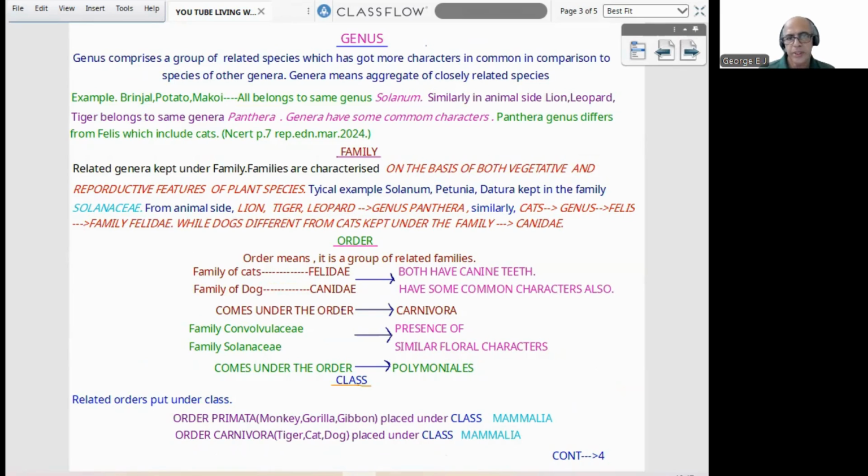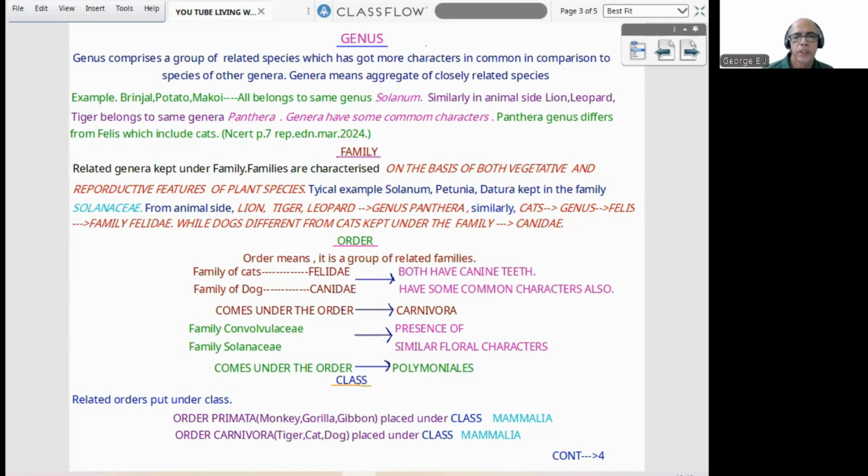Under genus, some examples are given: genus Panthera differs from Felis, which includes cats. Then family: the next group, related genera kept under family on the basis of both vegetative and reproductive features of plant species. So the plant side is applicable. Then animals: lion, tiger, leopard, genus Panthera. Likewise, some organism names are given.